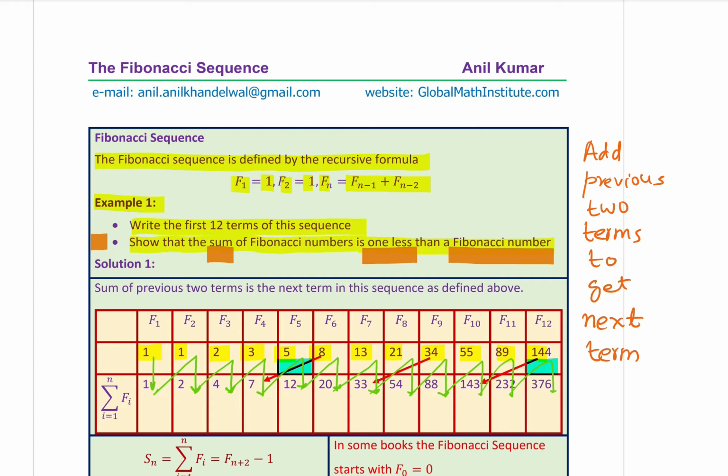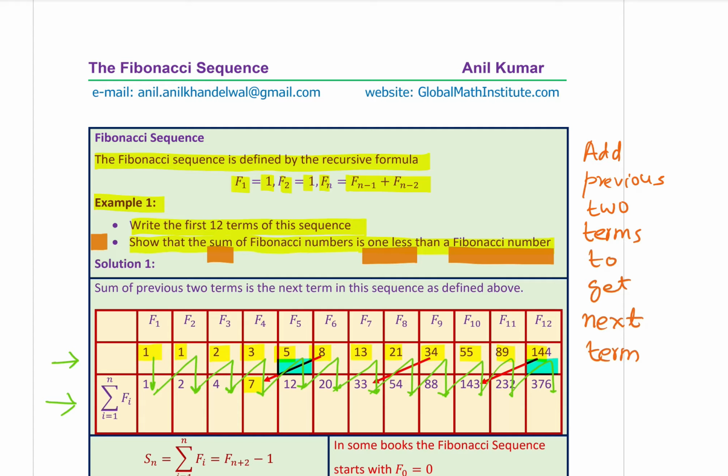Now, we have to look into how each number in the sum, which is in this particular row, is related to the numbers in the Fibonacci sequence itself. Well, as you can see in this particular case, we have a number, for example, 7.